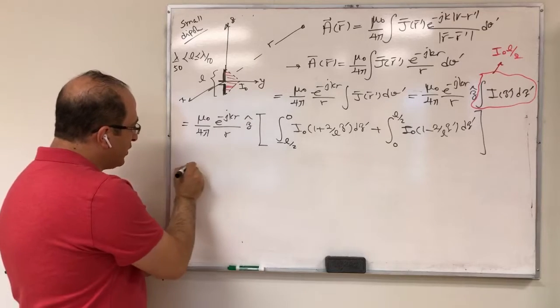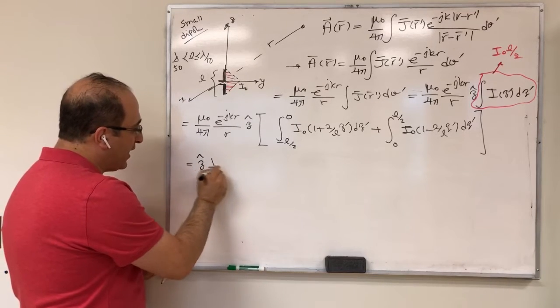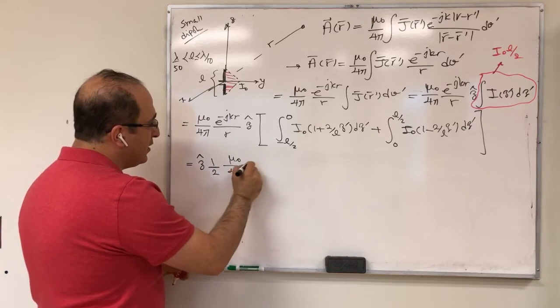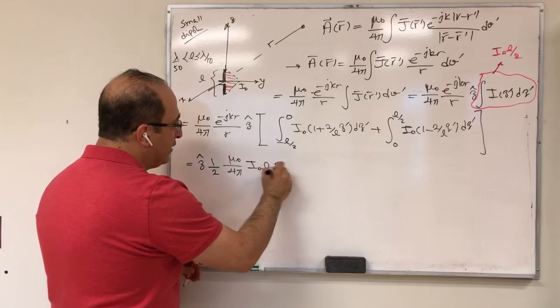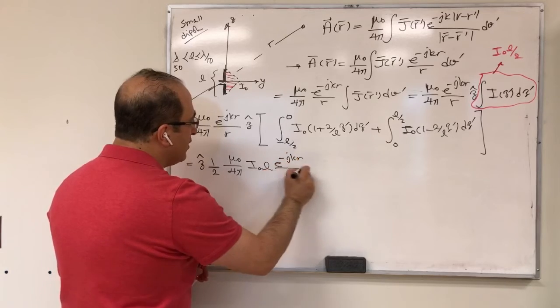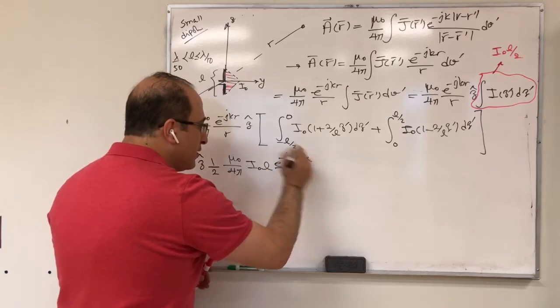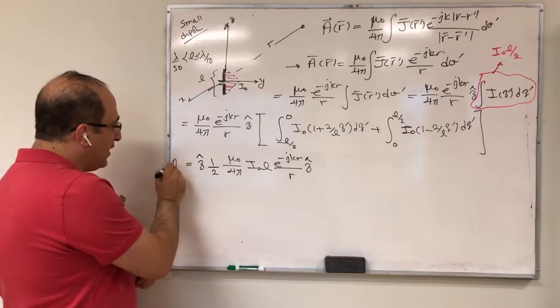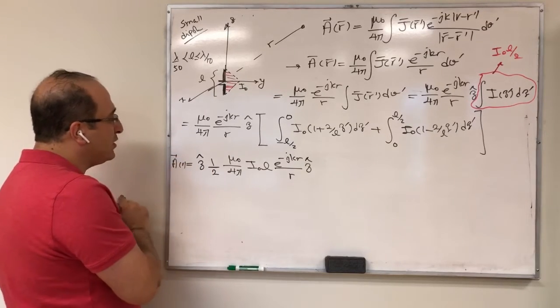And I can just write it as it is. So it's going to become z hat, I have a half, then mu naught over 4 pi I naught L e to the power of minus jkr over r z hat. This is what I'm going to have for my A at the observation point r.